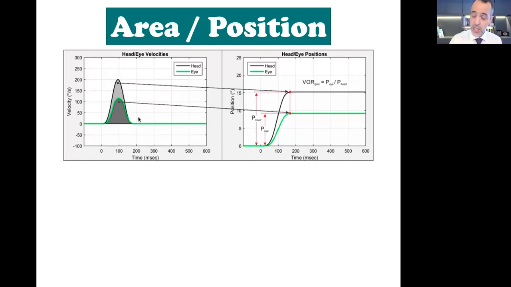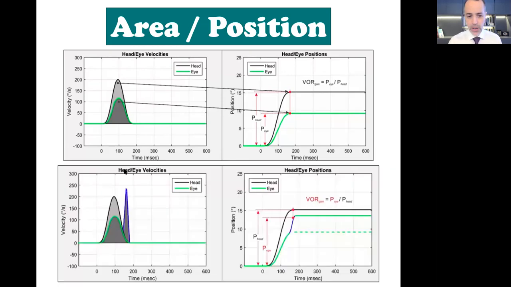One of the advantages of this method is that you get less influence of goggle slippage, but you are more sensitive to pupil tracking deficits. So both methods are okay, both methods are good, but they're not perfect.